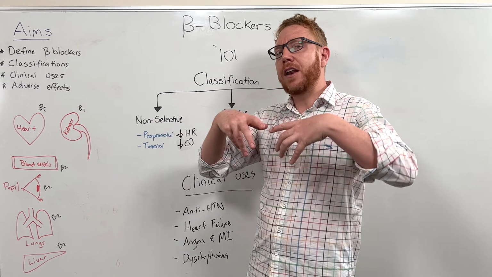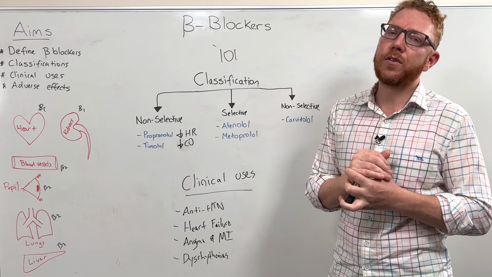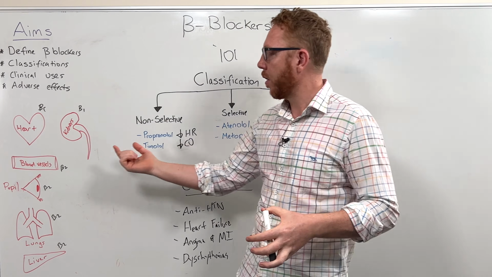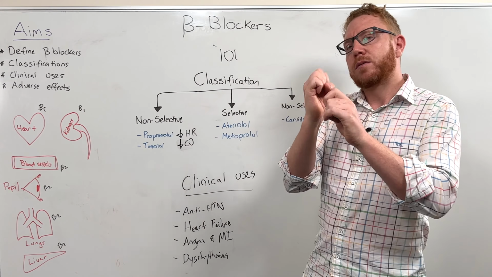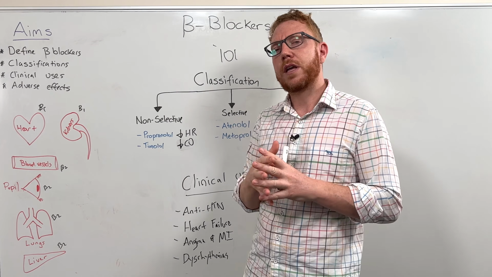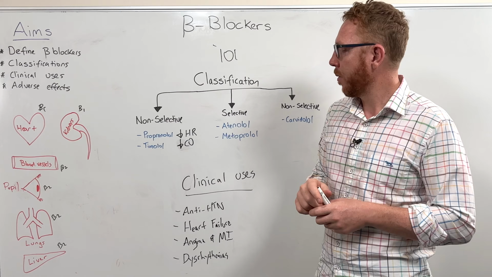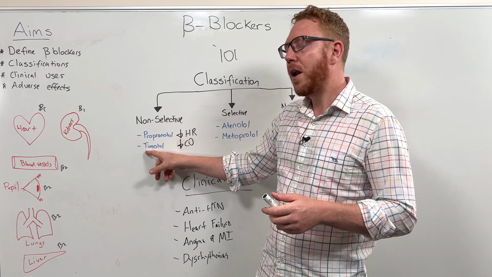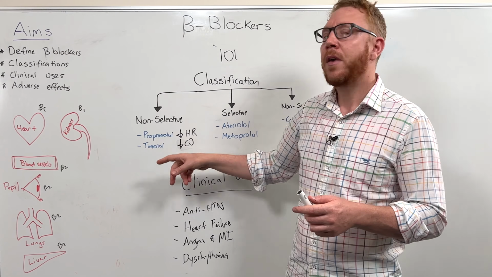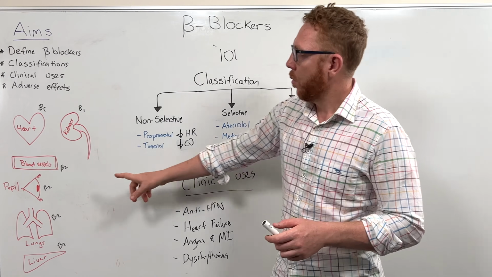Because propranolol can cross over into the brain, into the central nervous system, it can also have an effect on blood vessels and the way they dilate and constrict, so it can also be useful in preventing migraines.